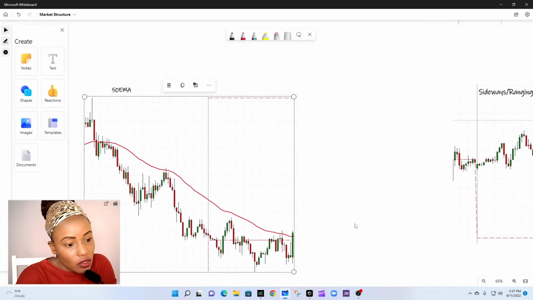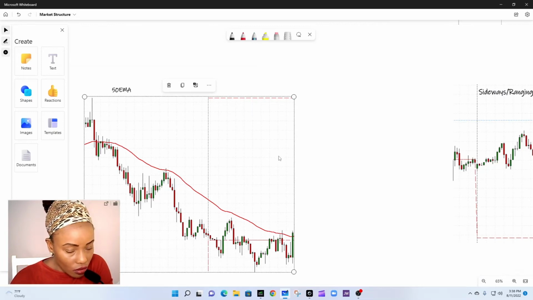These are indicators you can find on the platform. You just go and look for them on the platform. You'll find different moving averages, whether it's a smooth moving average or an exponential moving average, and then you pick either 20, 50, 100 or 200. I personally prefer using 50 because it is flexible to the price action.